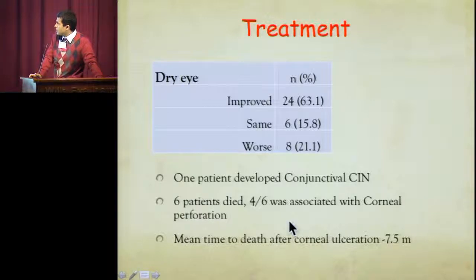One patient developed conjunctival carcinoma in situ, but he was on multiple, more than 4, immunosuppressive regimes, so it could be immune related as well. 6 patients died. 4 of the 6 had a corneal perforation, reflecting a more severe corneal problem of ocular GVHD. The mean time to death after the corneal ulceration was around 7.5 months, and this has been noted in other publications as well.